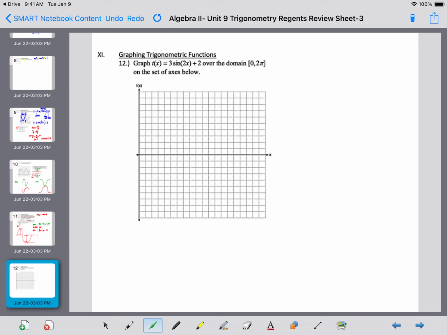So this is the last question, graphing trig functions. First, let's find the y values. The midline is going to be 2. Your minimum, you take the midline and you subtract the amplitude.